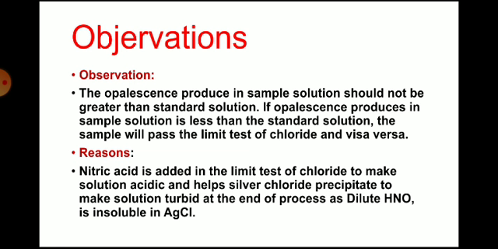In the reaction, we add nitric acid. Nitric acid added in the limit test of chloride makes the solution more acidic and helps the silver chloride precipitate make the solution turbid at the end of the reaction as insoluble silver chloride.